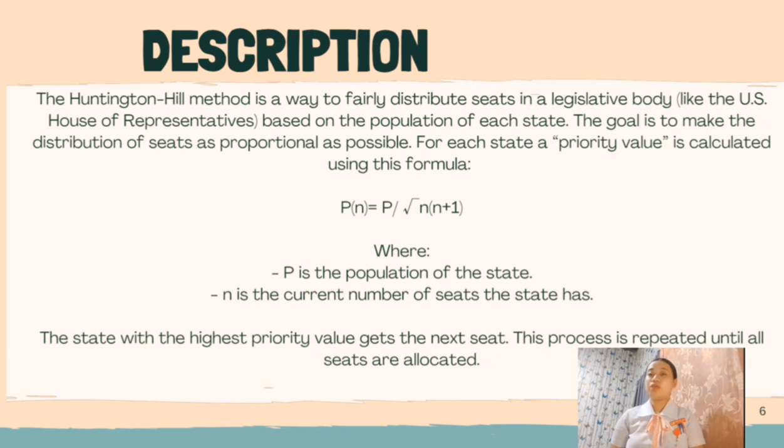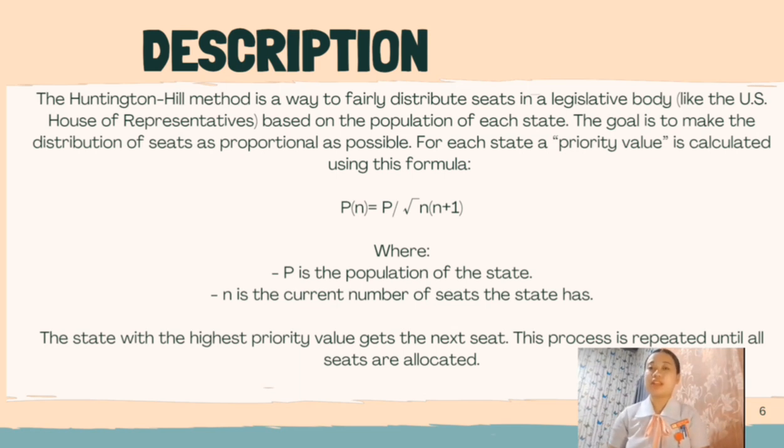The state with the highest value gets the next seat, and this process continues until all seats are filled. This method ensures a fair and balanced distribution of seats.